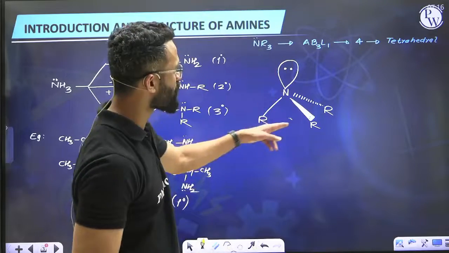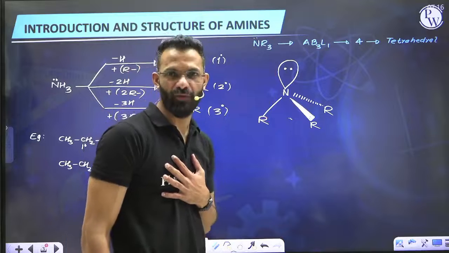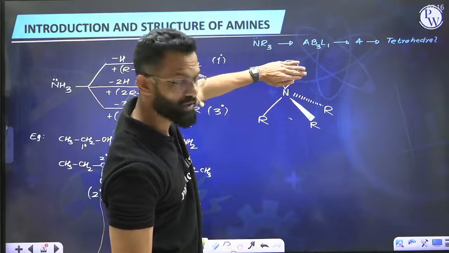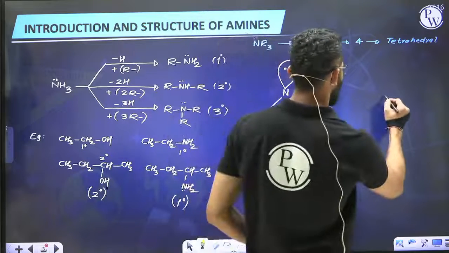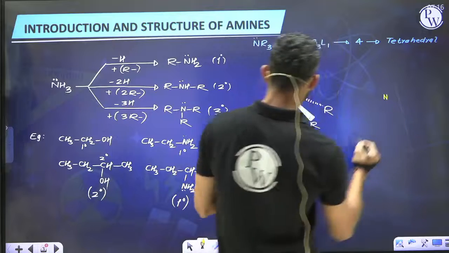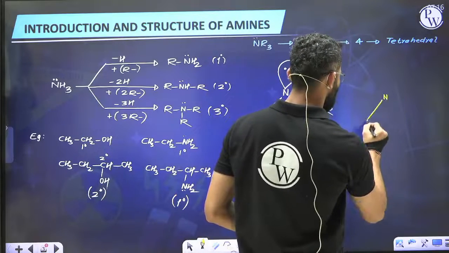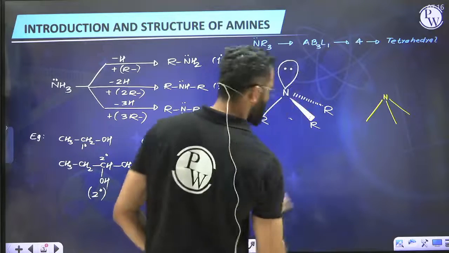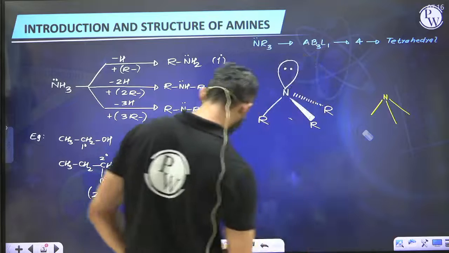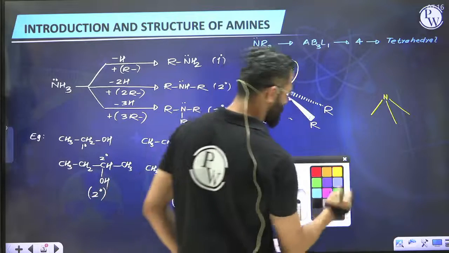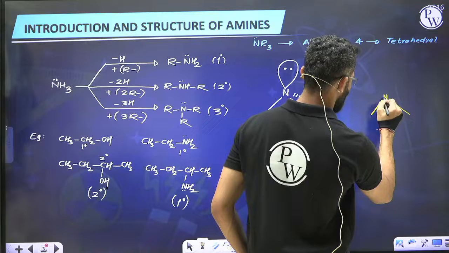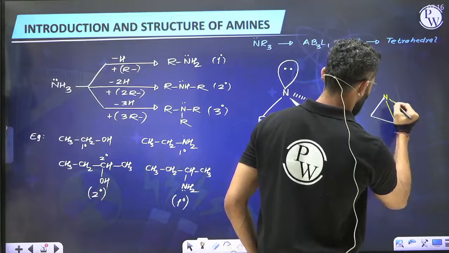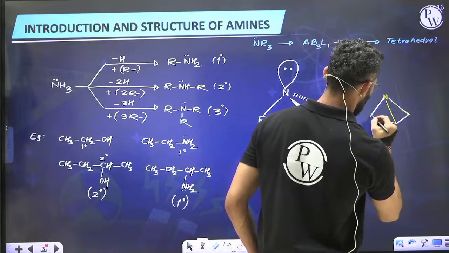But because all are not bond pairs, if I talk about the shape of the molecule, the lone pair will never be included in the shape. So you have the central atom N right here, and 3 bond pairs which appear like this. Now just imagine if we try to attach these corners starting with N. The molecule looks like this.